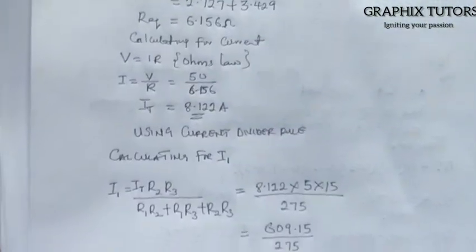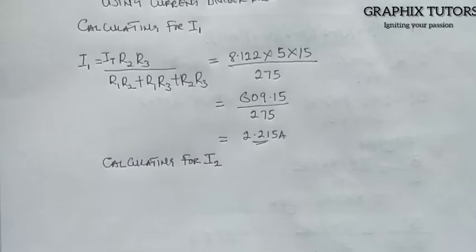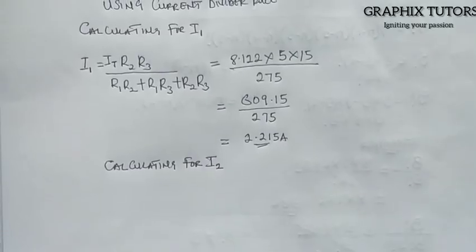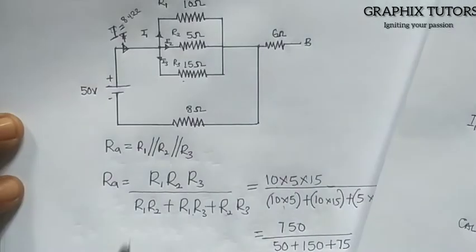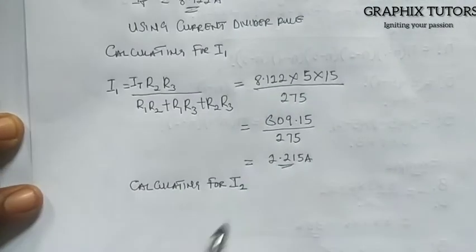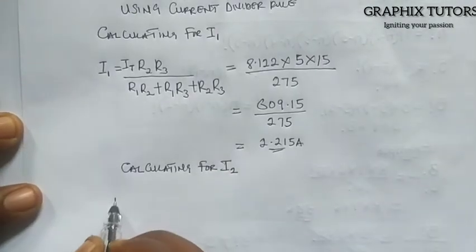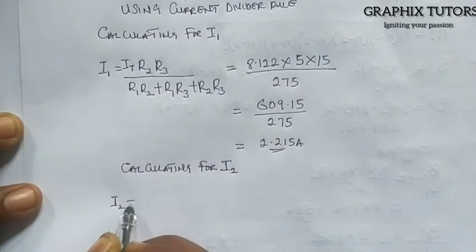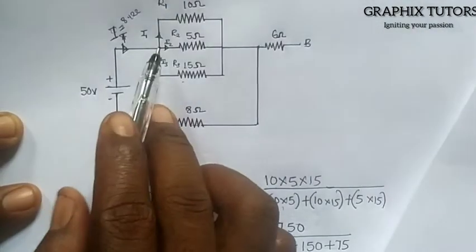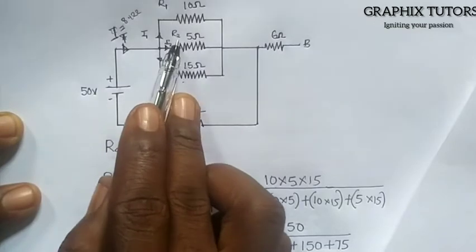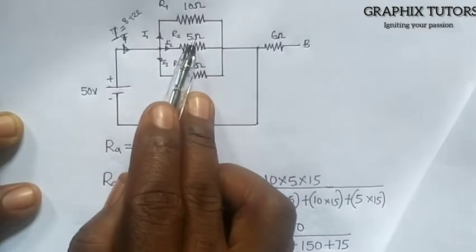Now the next one is for I2. You follow the same procedure, right? Remove the arrow A here, you put your I2. Now since you put your I2, you ask yourself, where is I2 flowing through? I2 is flowing through R2, which is your 5 ohm resistor here, right? So you're going to remove R2 and place the rest.